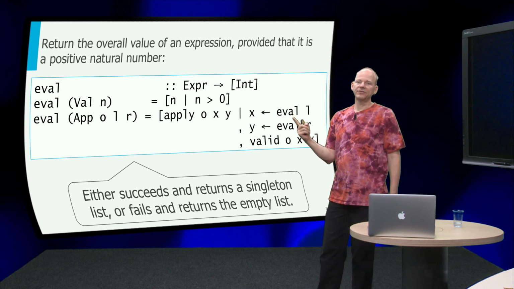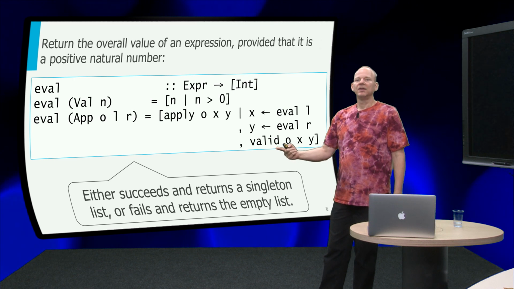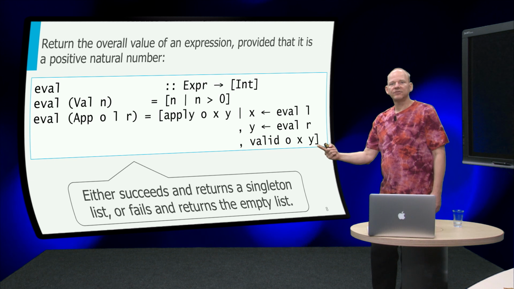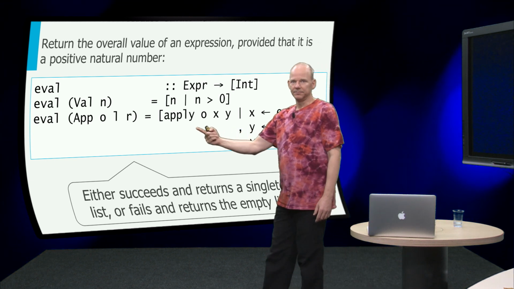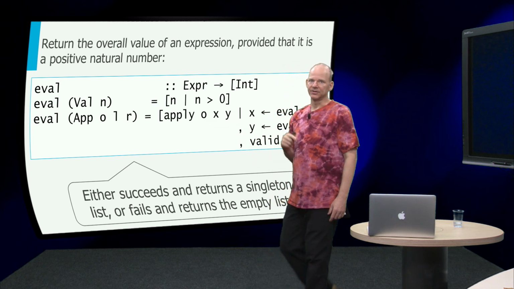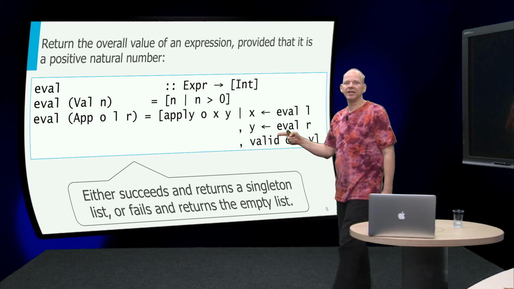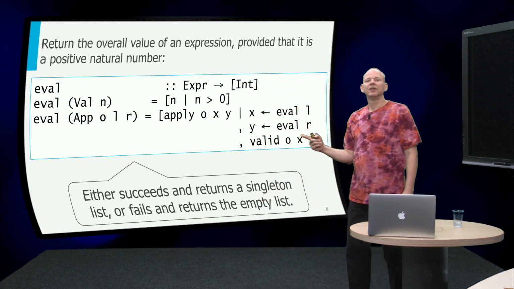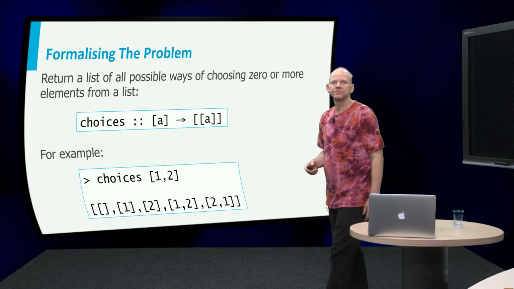We evaluate the left-hand side, we evaluate the right-hand side, we check that the application of this operator to these numbers is valid, and if that's the case, we return that application. So really what you see here is an evaluation intermixed with a filter for only valid sub-expressions.